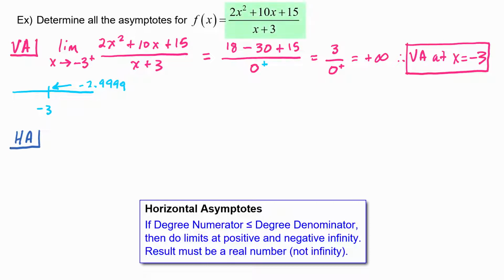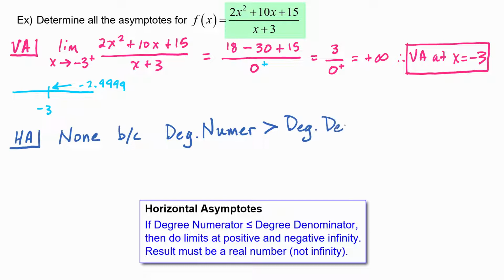However, in this case, the degree of the numerator is bigger than the degree of the denominator. So we know right off the bat that there are none because the degree of the numerator is greater than the degree of the denominator. That makes a horizontal asymptote impossible.